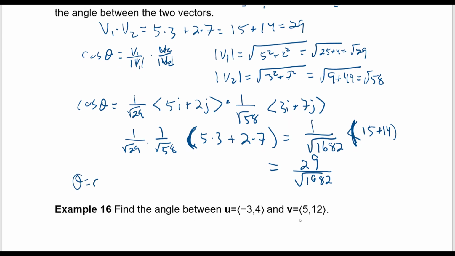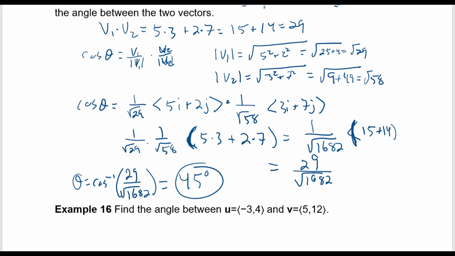So theta would be cosine inverse of 29 over the square root of 1682. And that's going to give us approximately 45 degrees. In fact, I don't think it's approximate. I think it's exact, because I think you can reduce this, since 58 is 2 times 29. So it ends up being 1 over the square root of 2, so let me change this to an equals.